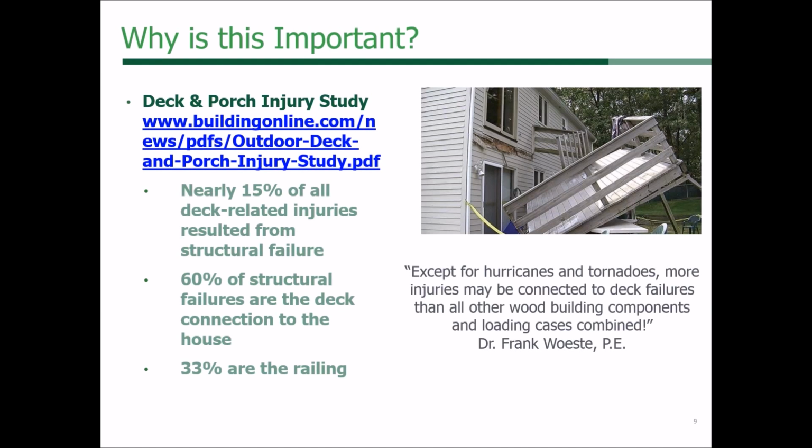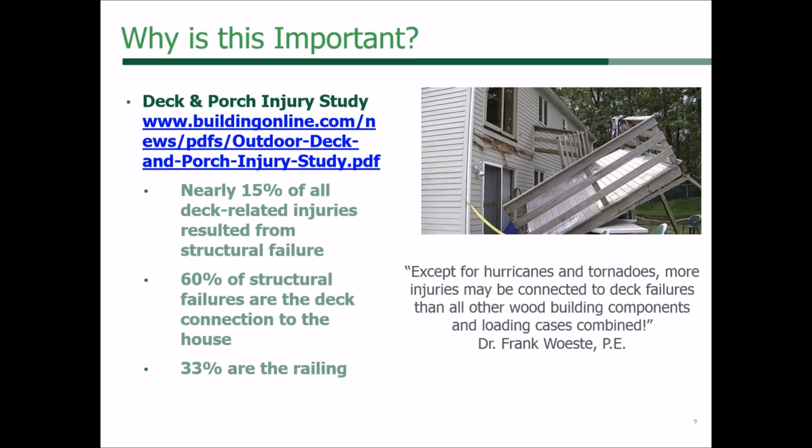The history of DCA6 starts from just noting how many problems there were with decks. It seems like still every week I get an email notification saying that a deck collapsed and so many people were hurt.